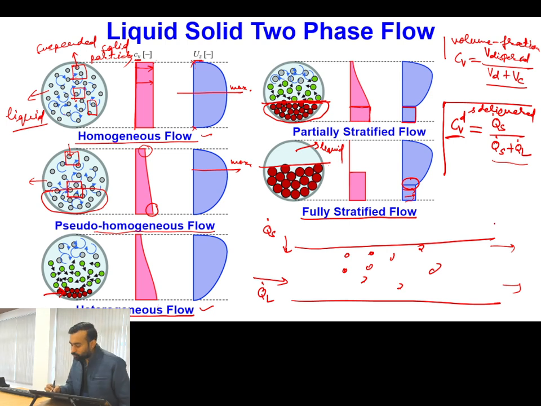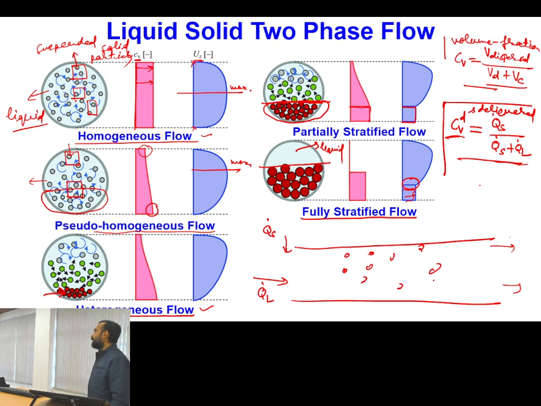So at the outlet, if I measure the flow rate of the liquid and the flow rate of the solid, they will come out the same. Is this point clear? The flow rates at the outlet will come out the same. So it means that my delivered volume fraction in this situation will be equal to the fraction whatever is present within the medium.